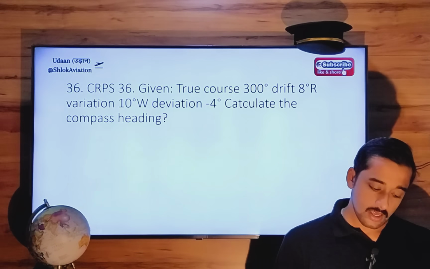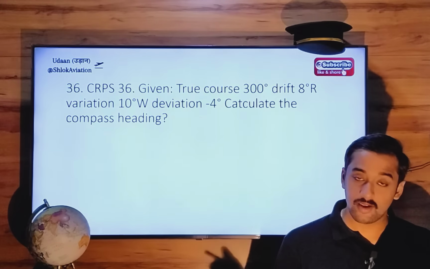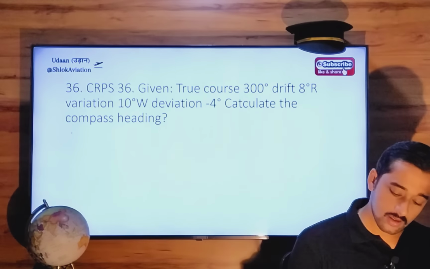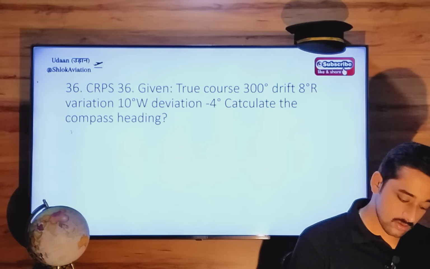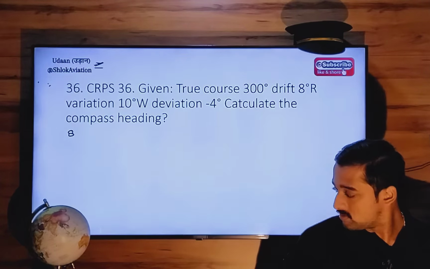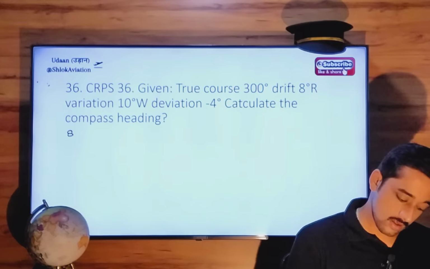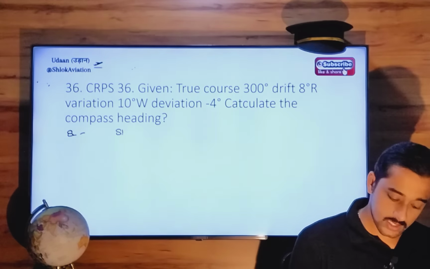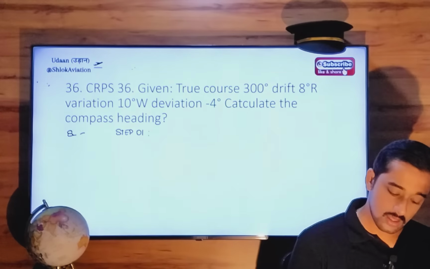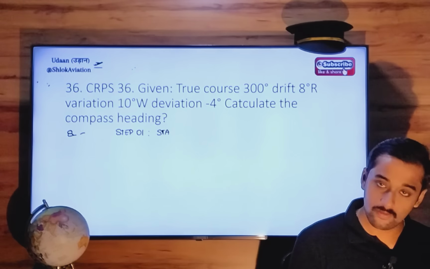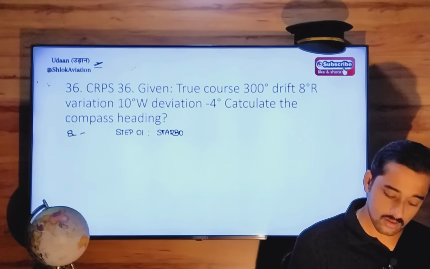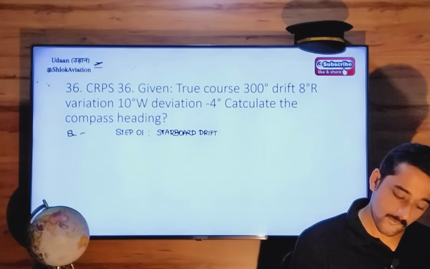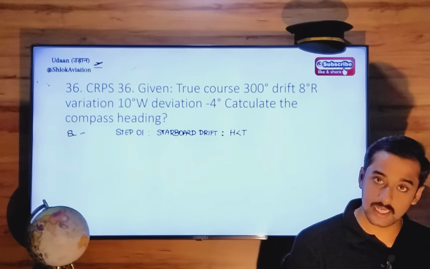Next. True course, drift given, variation, deviation given, calculate compass heading. So step 1, with starboard drift, heading will be less than track.